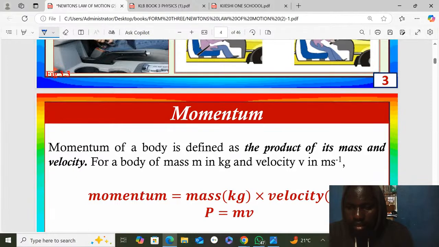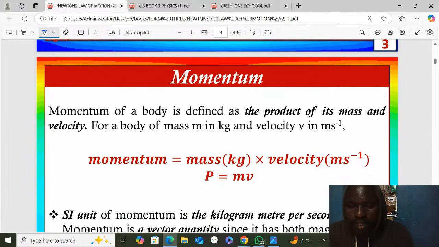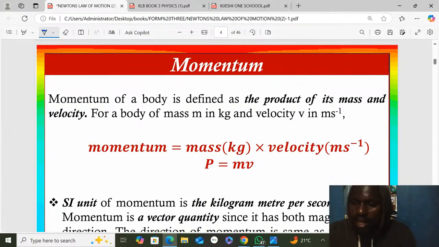We have momentum. Momentum is defined as the product of the mass of a body and its velocity. We know that mass is in kilograms and velocity is in meters per second.